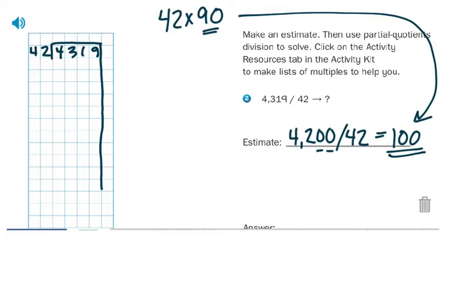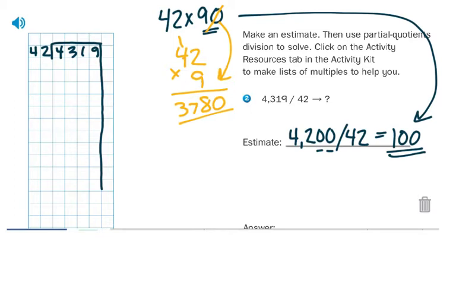Well, I know that has to be close to 100 because my estimate is 100. So if I just ignore my 0 for right now, all I have to do on my whiteboard is take 42 times 9. 9 times 2 is 18. Carry my 1. 9 times 4 is 36 plus 1 is 37. Now add on my 0 to the end. And I'm dividing 4,319, and I have less than that, so that works.